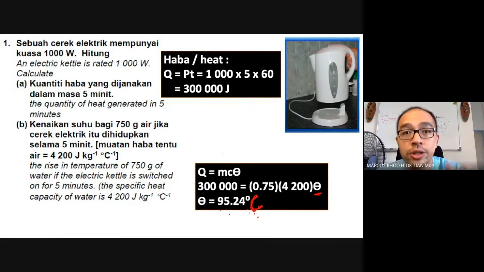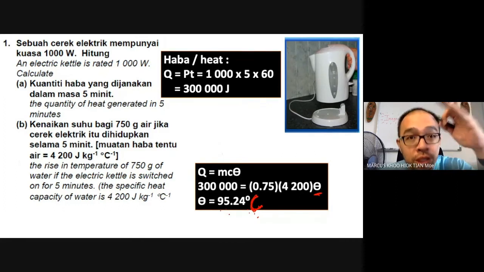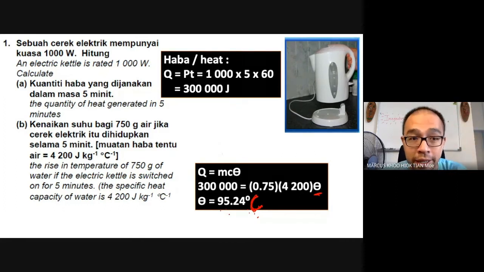It means we provide 300,000 joules of heat to it, and it's going to rise 95.24 degrees Celsius. Its increase is 95.24. It doesn't mean that it's going to reach 95.24. It actually reaches more than that. Room temperature water is about 27 degrees Celsius.